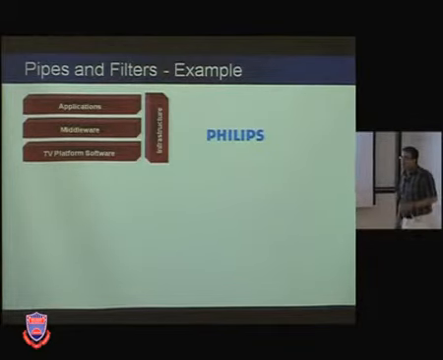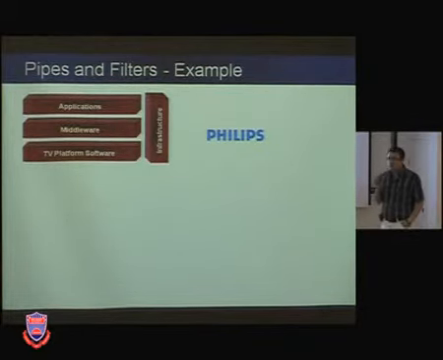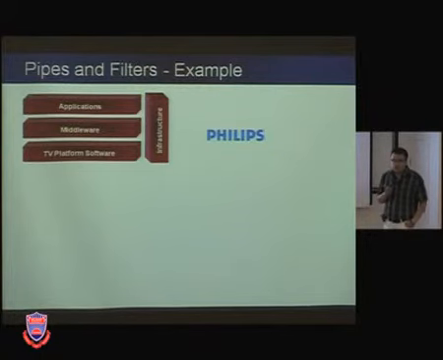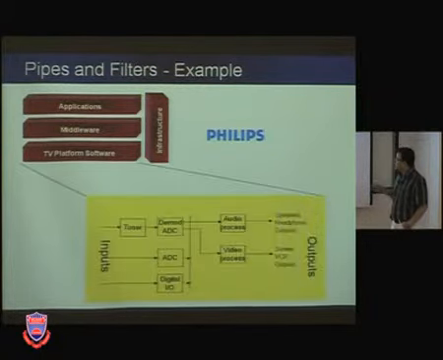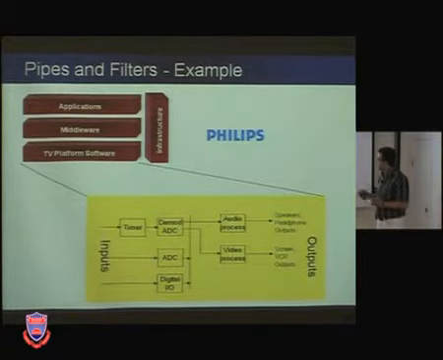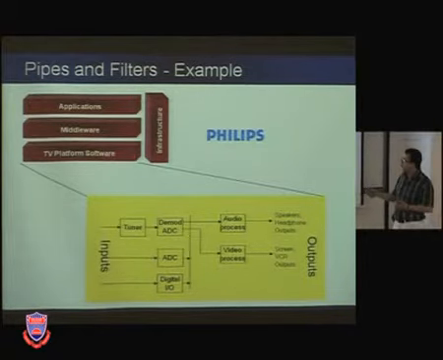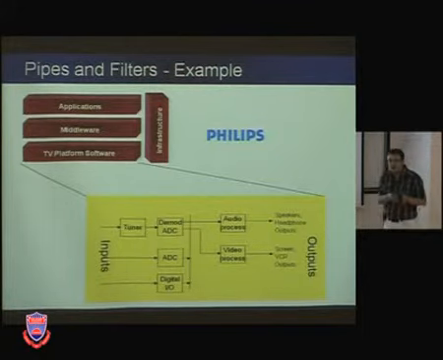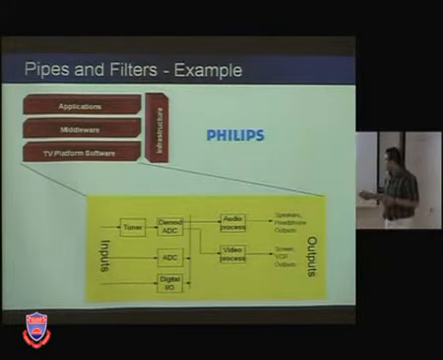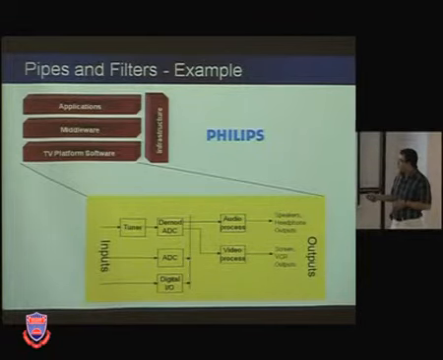If we look at the digital TV, the top level decomposition was a layered architecture. Now we also see how we combine these patterns. It appears that the lowest layer, the TV platform software, is a pipes and filters structure. There we get TV signals, audio video signals, and these signals should be processed by the tuner, the demodulator, the analog digital converter. If you get digital, it is processed by the audio processor, video processor.